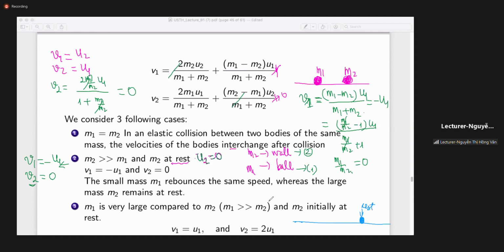And a very big object, like a car, moving with the initial velocity U1 and colliding with the very small object, right? So this very heavy object goes and hits it. So what happened?